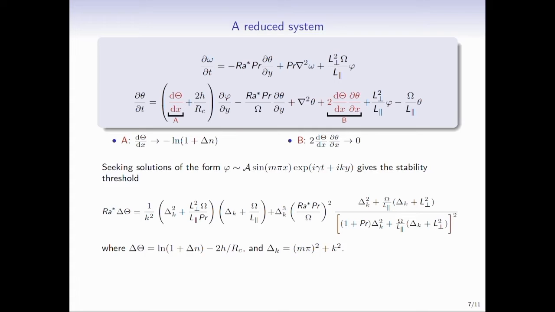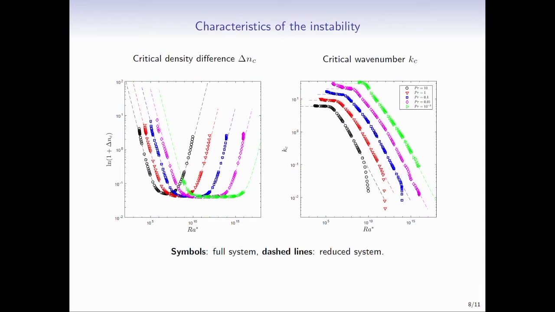Now we can solve the full problem numerically, and compare the solutions to the analytical solution of the reduced problem. This is what I do here. On the left, I have the variation of the critical density difference with Rayleigh number. Above the curves, I'm unstable. Below the curve, I'm stable. The first thing I want to point out is that as you increase the Rayleigh number, initially that has the effect of reducing the density difference.